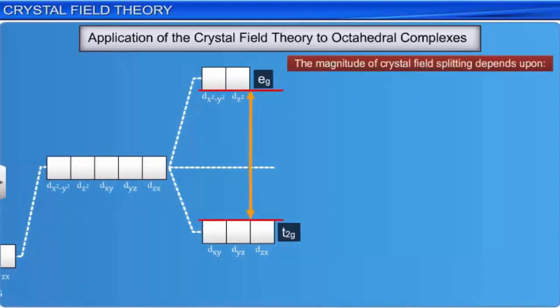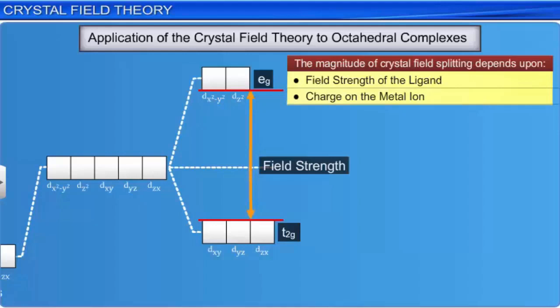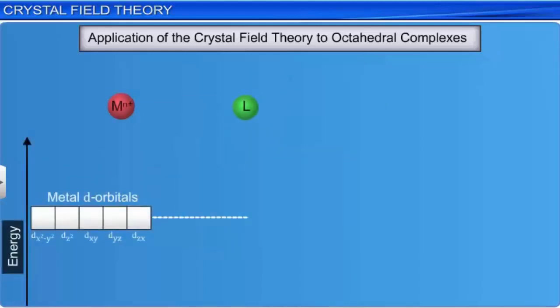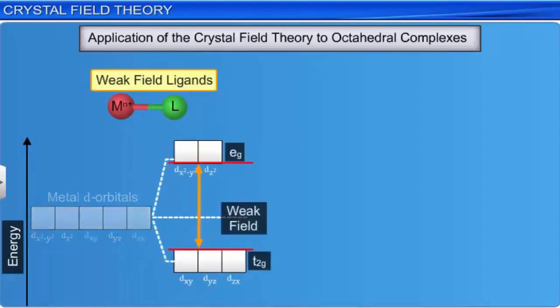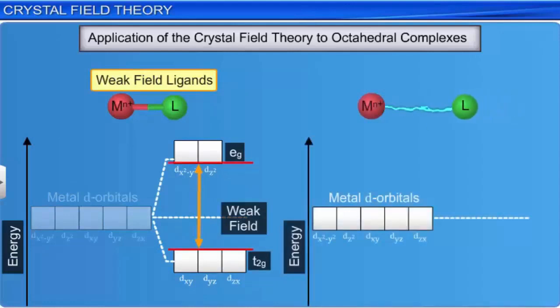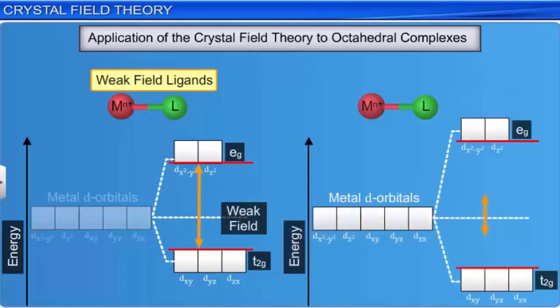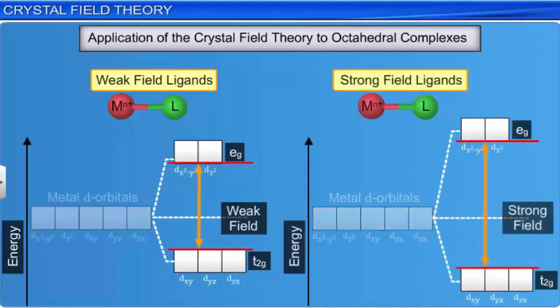The magnitude of crystal field splitting depends upon the field strength of the ligand and the charge on the metal ion. If weak field ligands are present, the crystal field splitting is less.